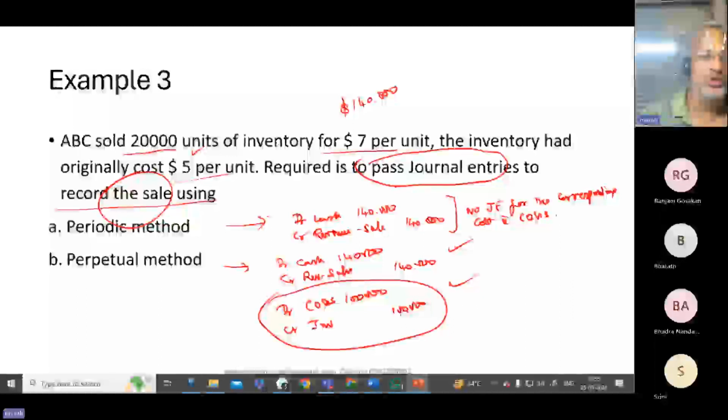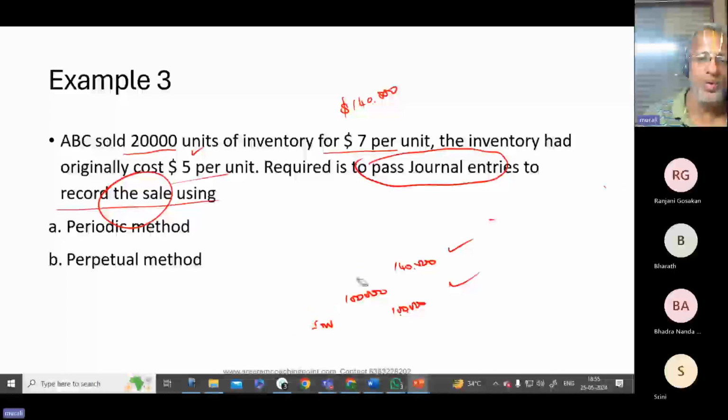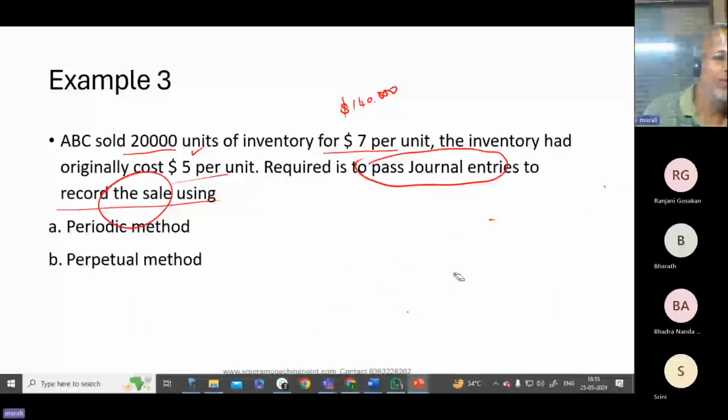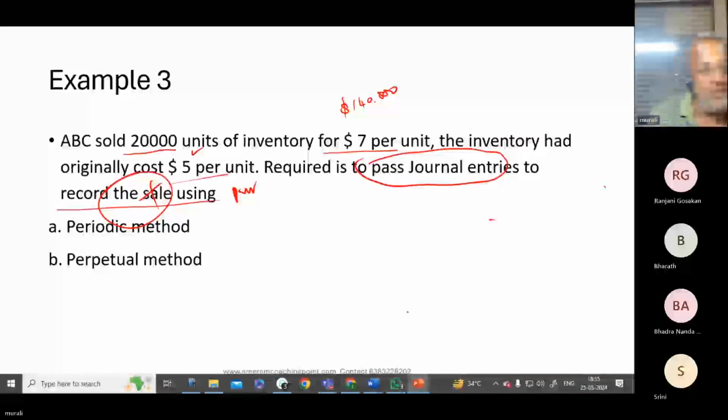I would like to pose one more question. Here they are asking about what is the entry for a sale. Here I would like to ask, for purchases, what is the journal entry that you would be passing? I'm just making a small change in the question. Tell me what you should do.